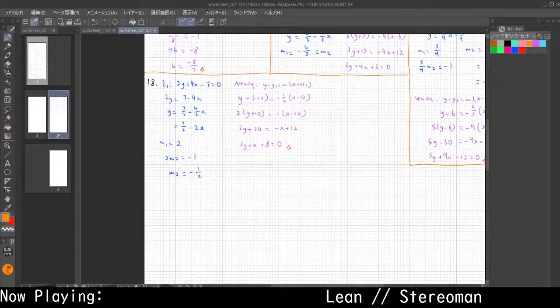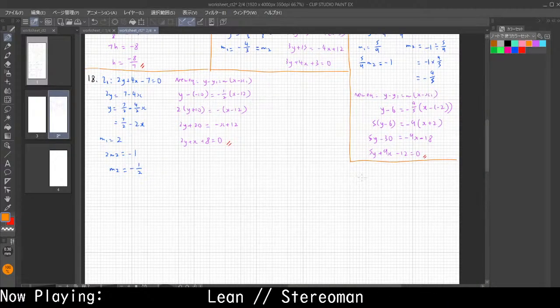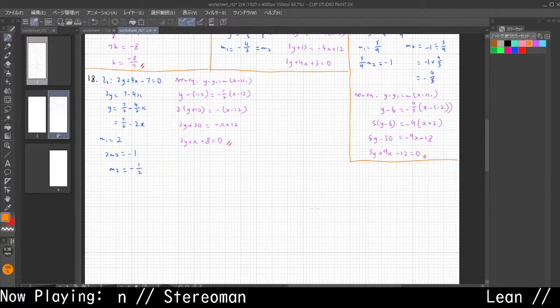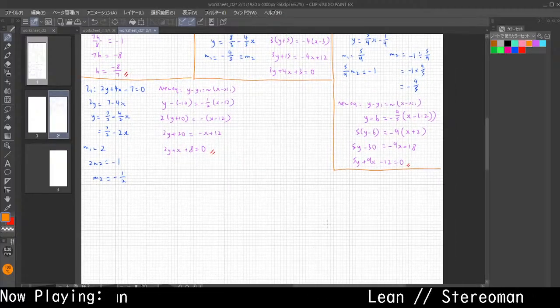I can close this up properly. Wasted space or not, you know what, fine.